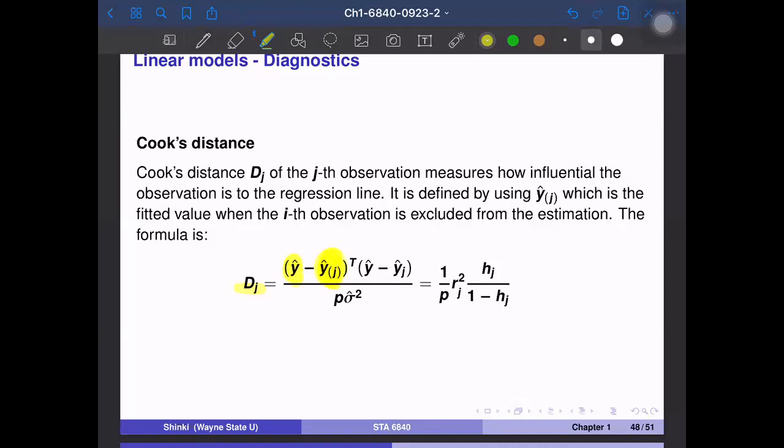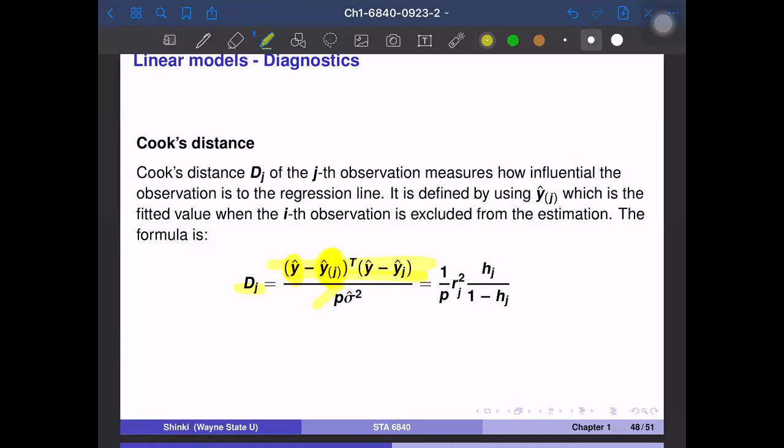So in that way, we can see the impact of xj. We estimate y hat with xj, and we estimate y hat without xj. Then basically we take the sum of the discrepancies squared and divide by some normalizer.